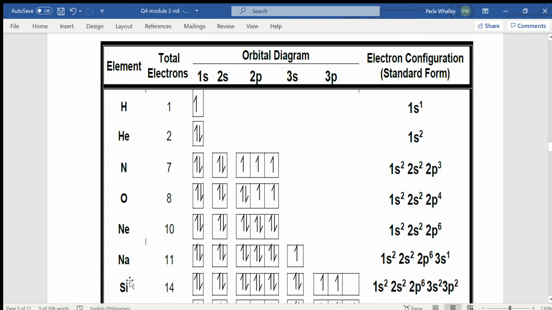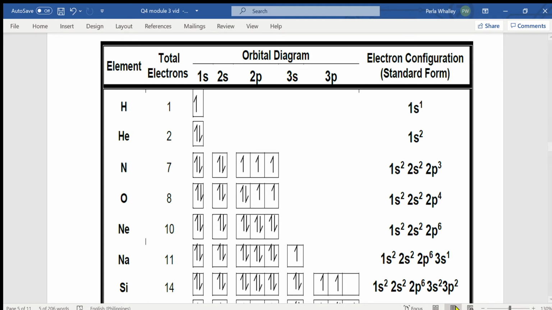Okay? For silicon, 14. 1s2, 2s2, 2p6, 3s2, 3p2 is the electron configuration. So again, 1s is arrow up, arrow down. 2s, arrow up, arrow down. 2p, arrow up, arrow up, arrow up, arrow down, arrow down, arrow down. And 3s, arrow up, arrow down.